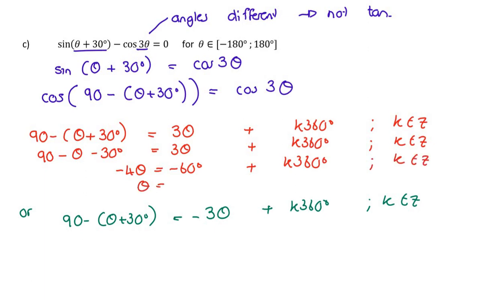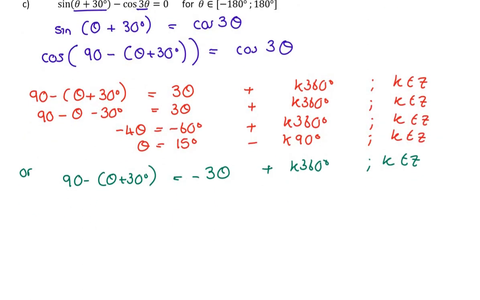And if I divide by negative 4, I get 15 degrees, but it means I must divide everything by negative 4, so I suppose technically this should be a minus, but it doesn't matter, and this is now 90 degrees. So that's my first solution. My second solution is 90 minus theta minus 30, but this is now negative 3 theta.